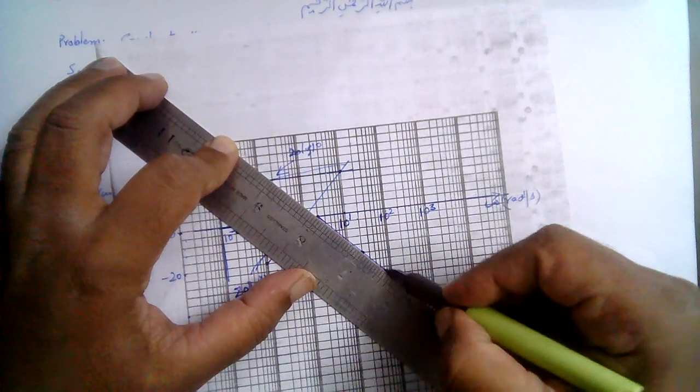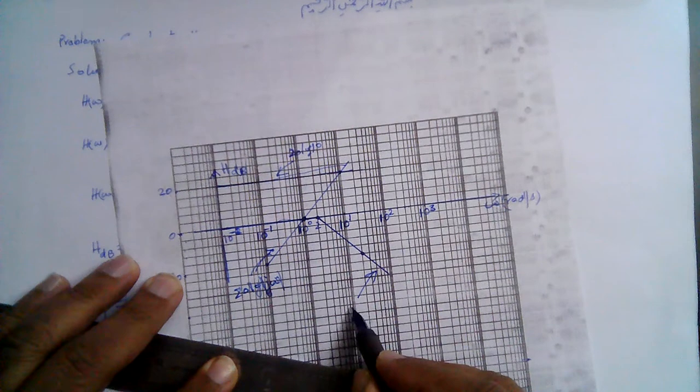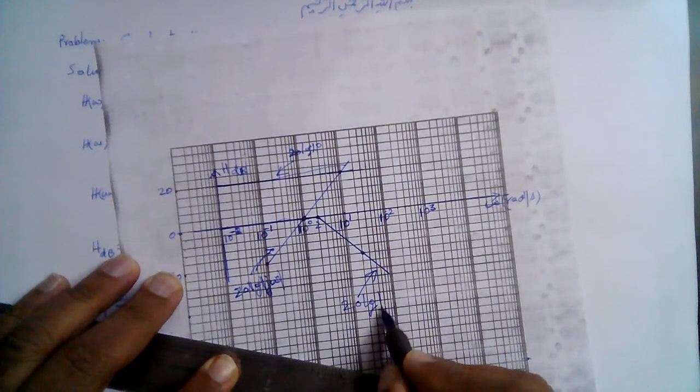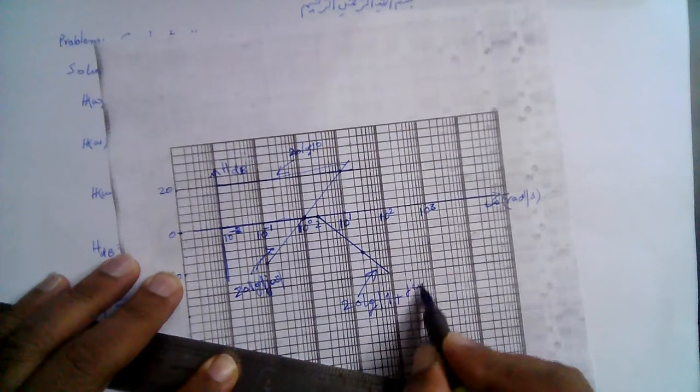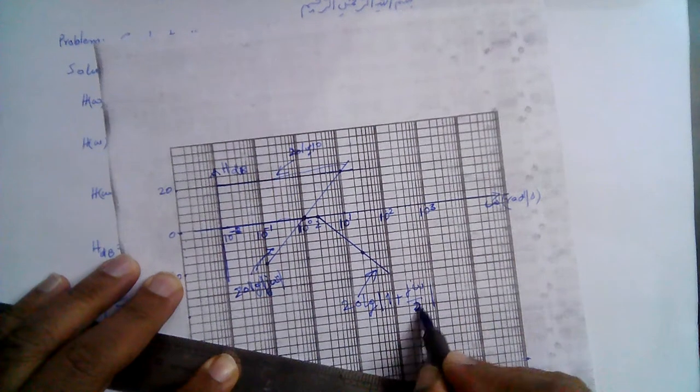So this gives us this line. This line here is the asymptote for 20 log of 1 plus j omega over 2, right?